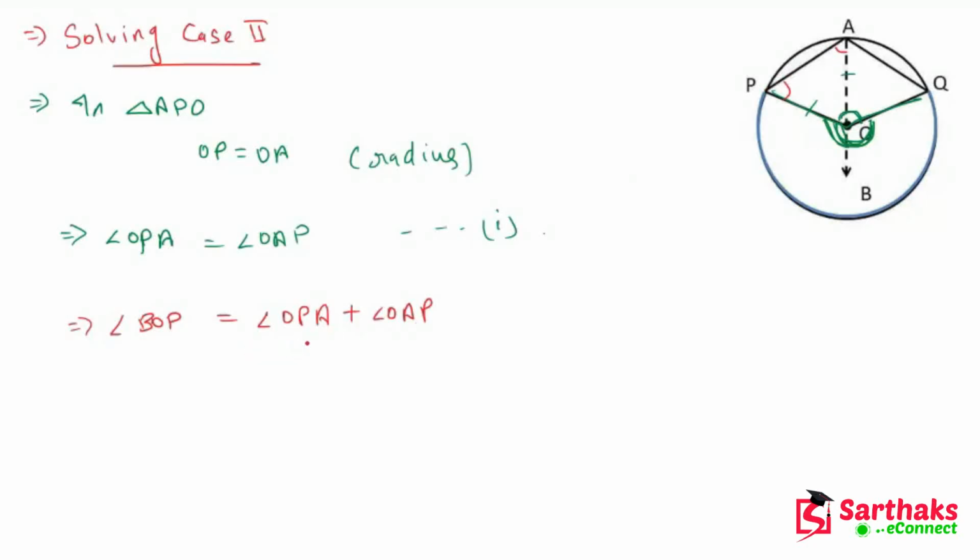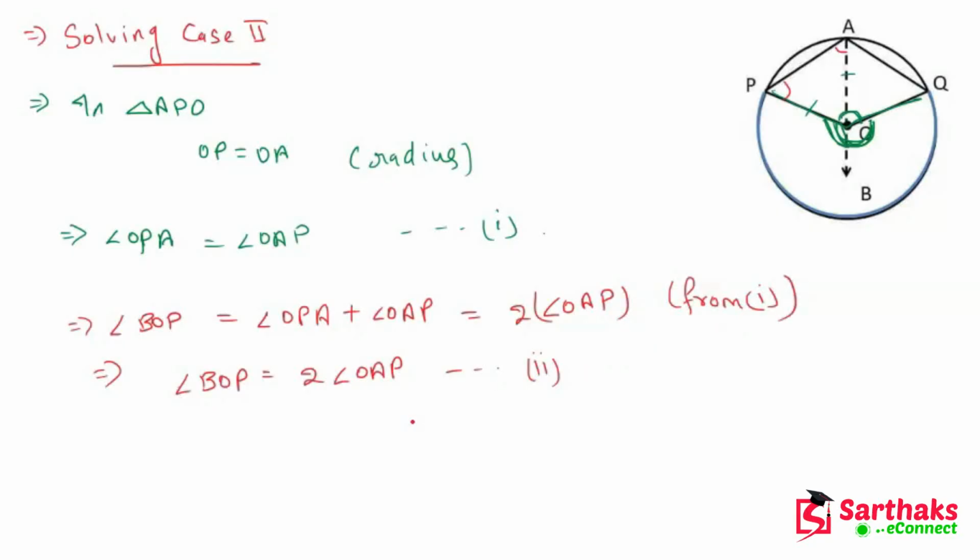We know that these two angles are equal, so we can write it as twice angle OAP. So angle BOP is equal to twice angle OAP. Let's suppose this is equation number 2, from equation 1.